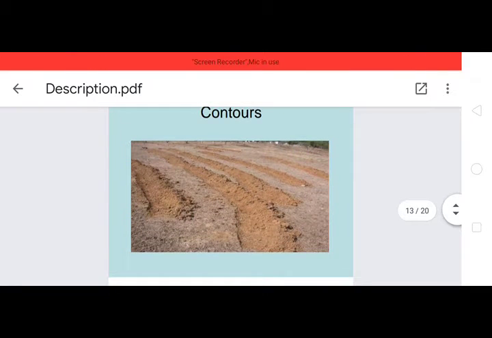This is the contour. Here we can see from the picture that if a heavy flood or heavy rainfall occurs, then the runoff can find its path by these contours. So these contours may be most helpful to counter soil erosion.